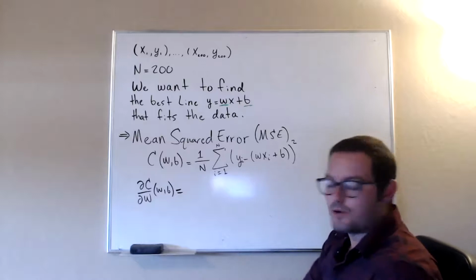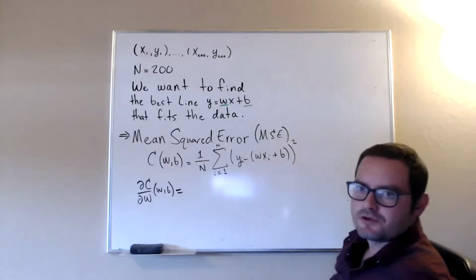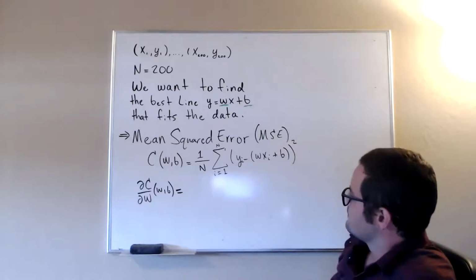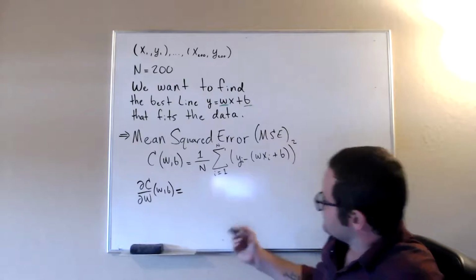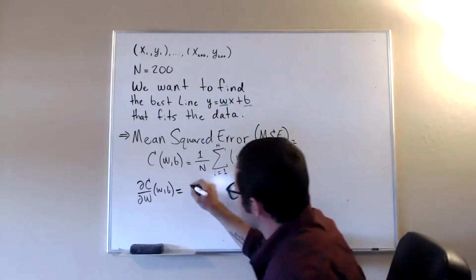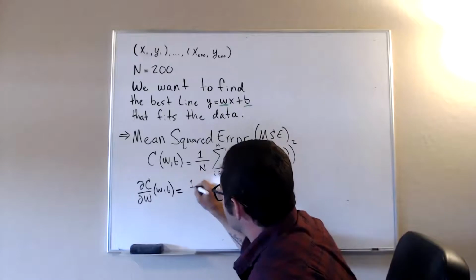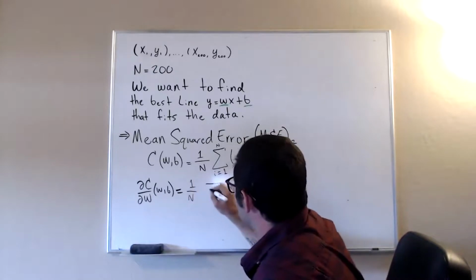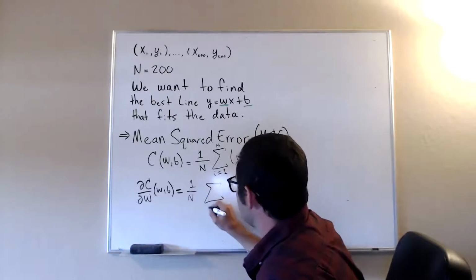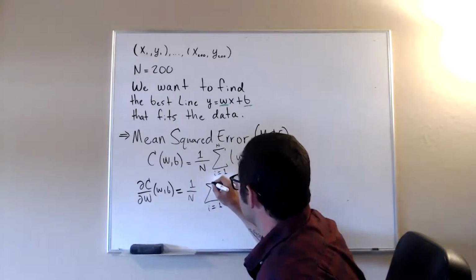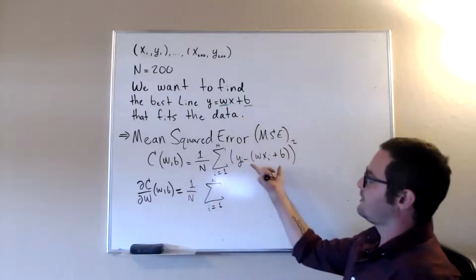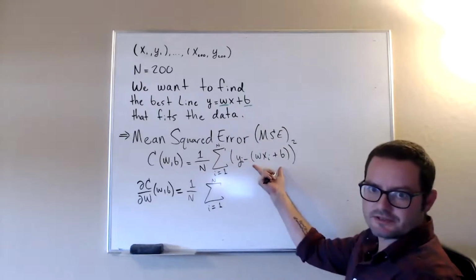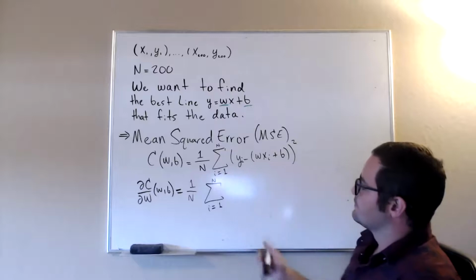Okay, so hopefully all of you are familiar enough with calculus to see this, that we can sum across, so it's going to be 1 over n times the sum, i equals 1 to n. So now we just look at the derivative of each of these for i equals 1 through n. Well, what does that look like?